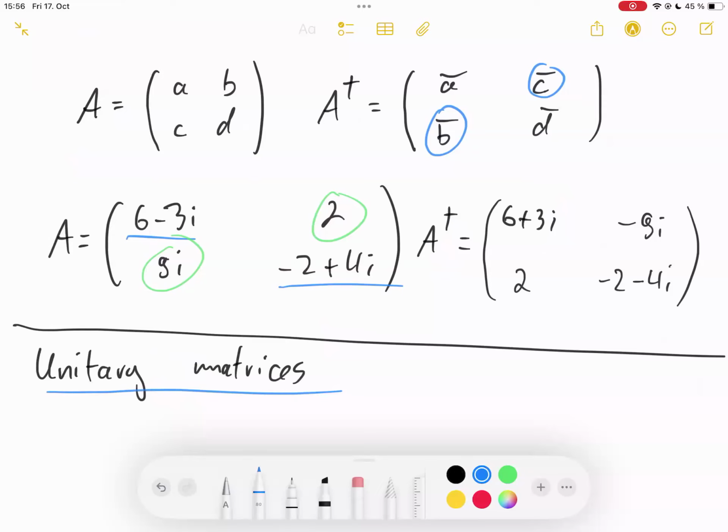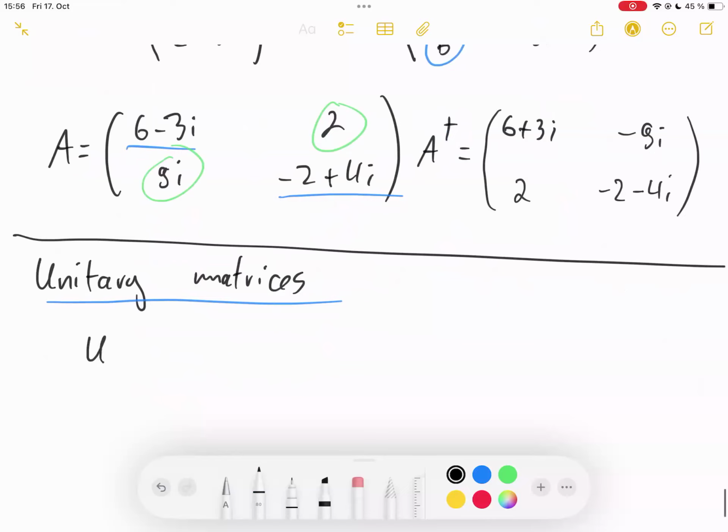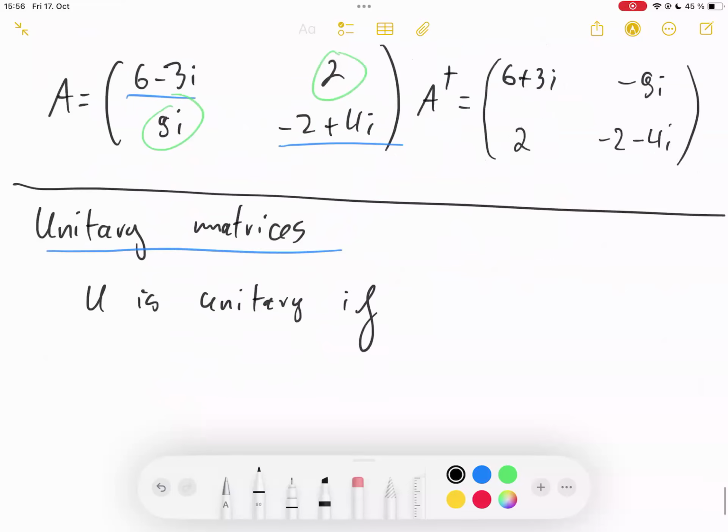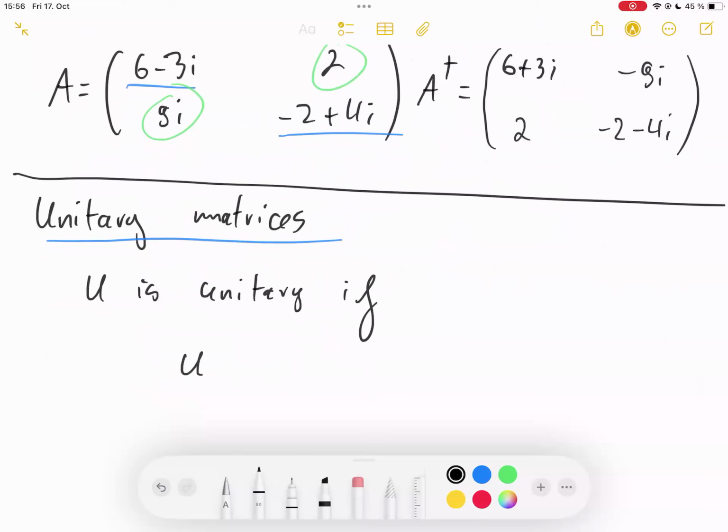So what is a unitary matrix? U is a matrix, and it is unitary if the following condition holds true: that U dagger times U is the same as U times U dagger, and that product must be the identity matrix.